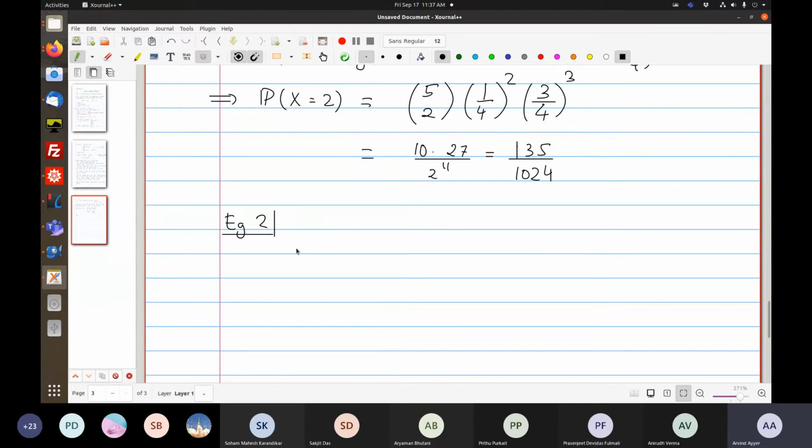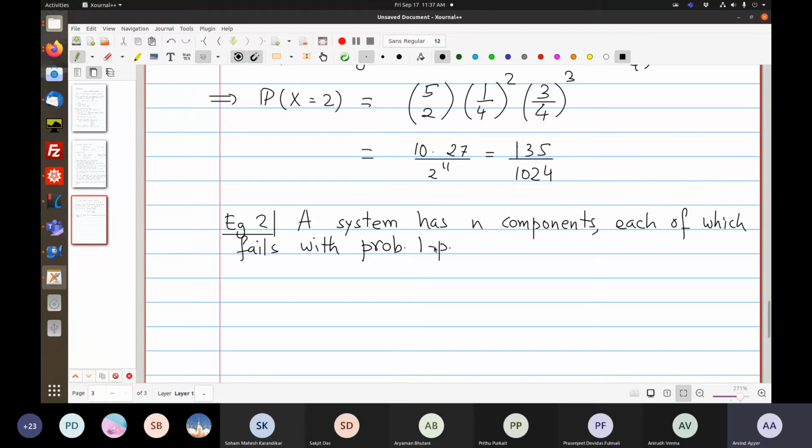Let's suppose there is a system which has n components, each of which fails with probability 1 minus p. That is, it works with probability p.